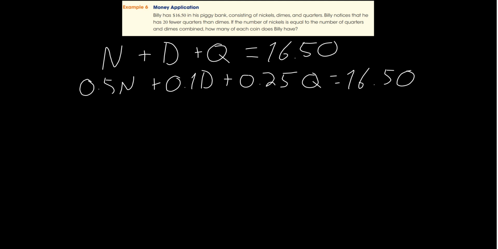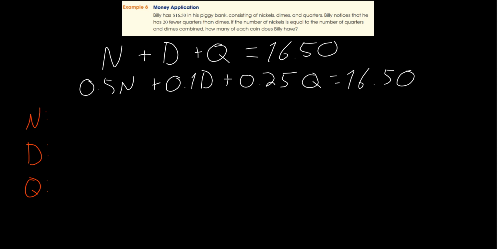Okay, so this reads, Billy notices that he has 20 fewer quarters than dimes. Okay, so I'll put this out here: nickels, dimes, quarters. Billy notices that he has 20 fewer quarters than dimes.